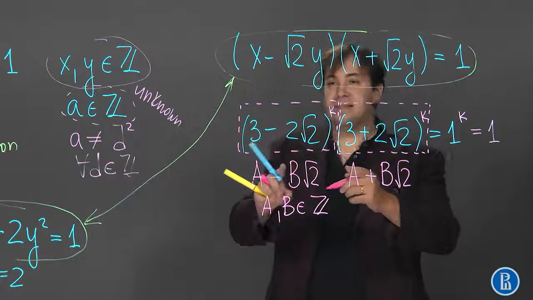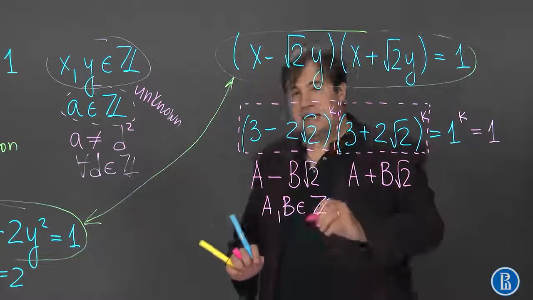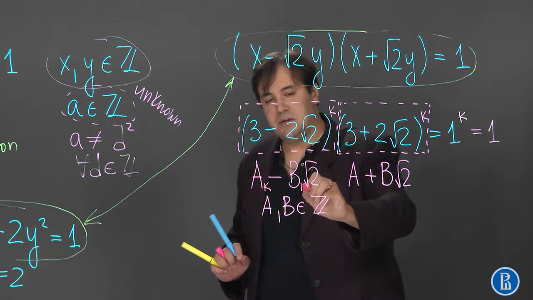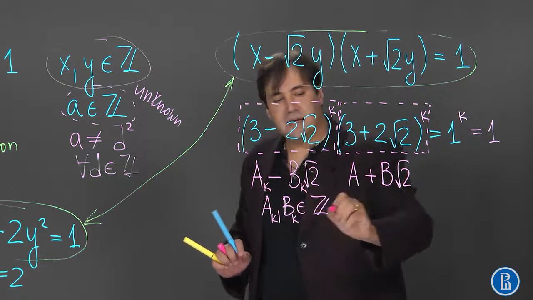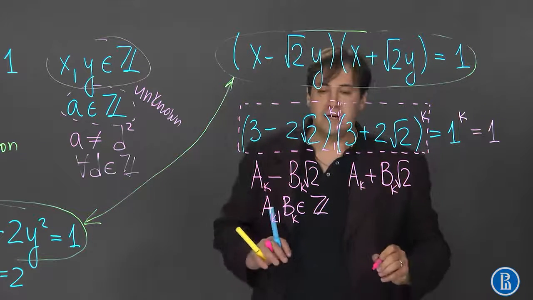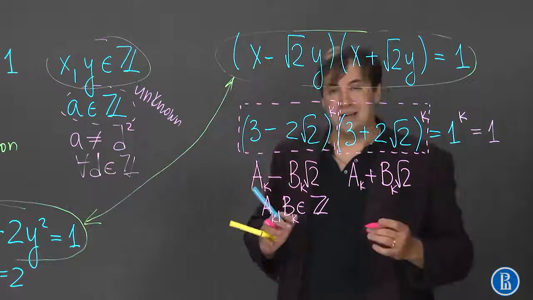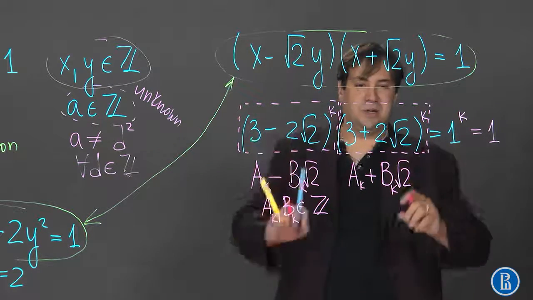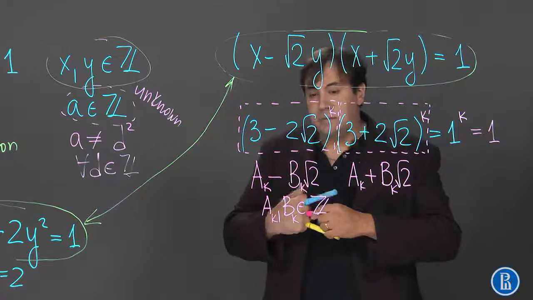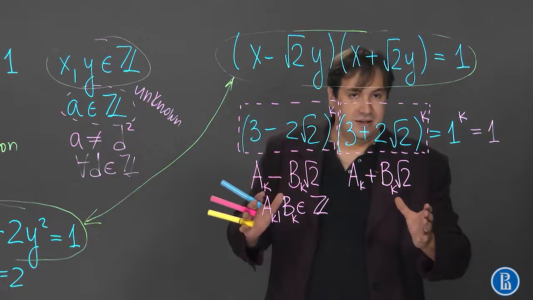The only thing these integers depend on, except for the particular numbers, is the power. So we can write a_k and b_k over here and a_k and b_k over here. So these a_k and b_k depend on k, which is the power to which we raised this expression. These a_k and b_k will obviously be different for different k.